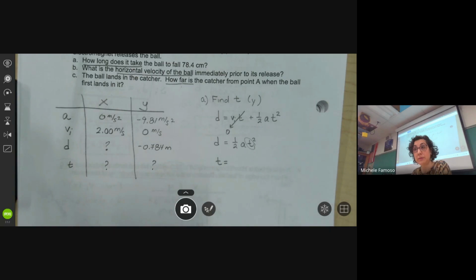Okay, so do the algebra. You can do it on your paper. I'm just not going to show it. What is that equation solved for t? I think we have 3 other questions in this packet that we've already solved for t on the previous pages that may help you.